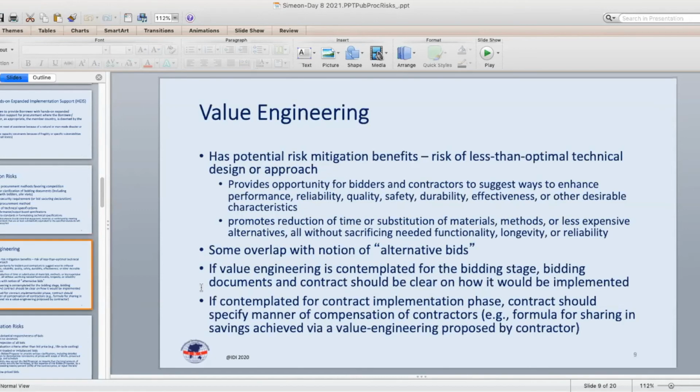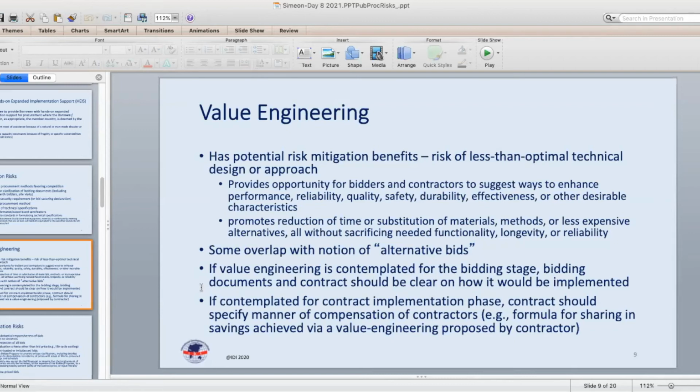Okay, value engineering. I think we talked about that a little bit yesterday. So value engineering is basically a procedure through which a bidder and/or a contractor or supplier has the opportunity to suggest improved ways of doing something that is involved in the implementation of the contract with a view to saving time and/or cost.